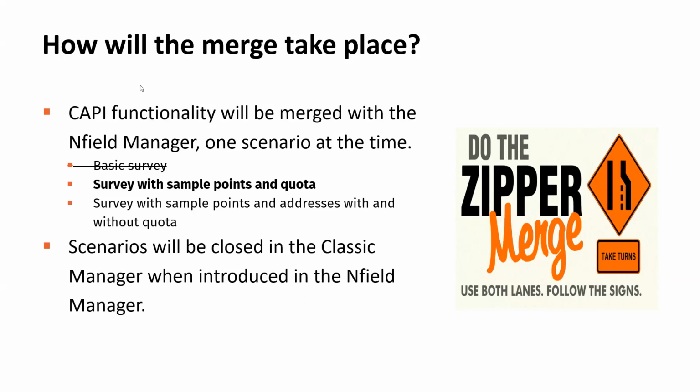This Academy is to inform you about our next step, and that we will close down the survey with sample points and quota in the CAPI Manager too. And then finally, we will move the survey with sample points and addresses, with and without quota. As said, we expect that we will release that in the Nfield Manager probably at the end of this month. Then we will run an academy, and then we will close down this scenario in the CAPI Manager pretty soon too.